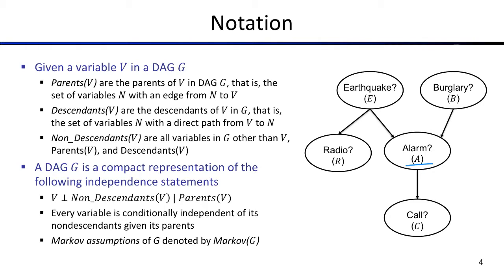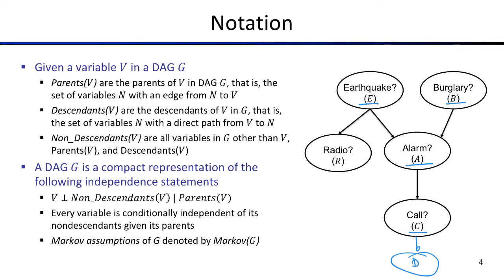A has two parents, that's E and B. We know that because there is a directed edge from the parents to A. A has only one descendant, that is C. But it would also include as descendants of A any other node that we have a path from A to. So if you had a node here like a D, that would be included in the descendants of A.